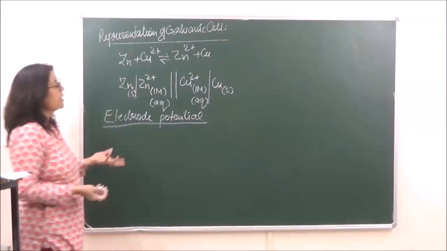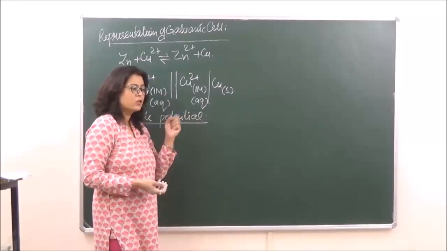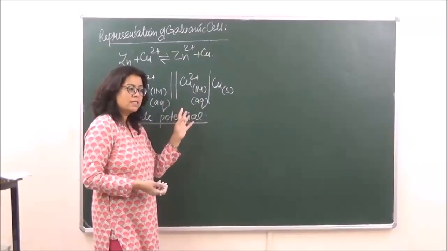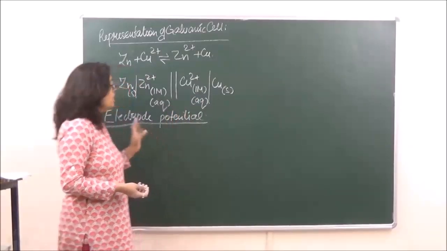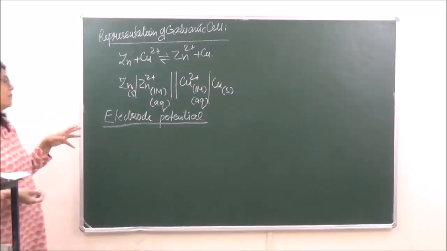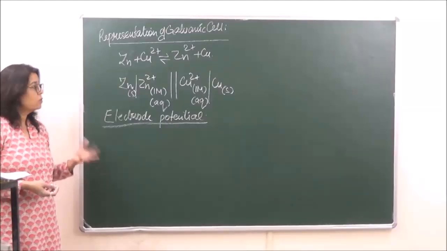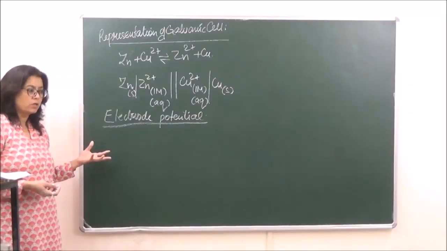Or vice versa can also happen, that the ions can gain electrons and enter into the solid state, right? So we are saying that both the possibilities can happen if we are placing any metal electrode into any electrolyte which is being dissolved in water.